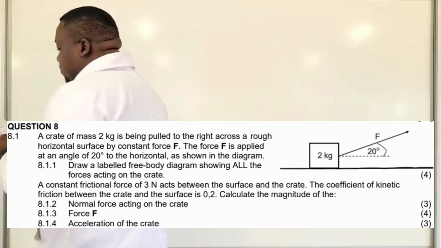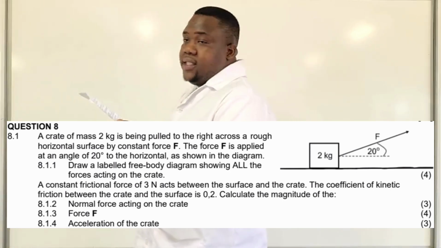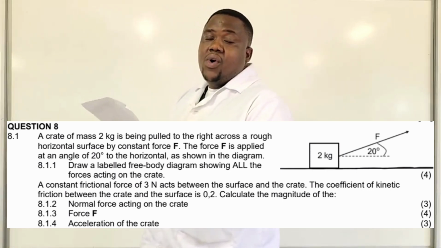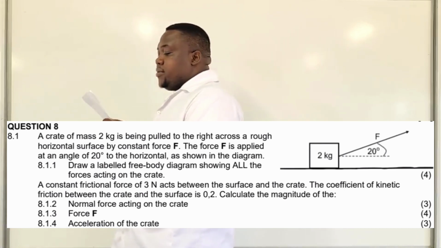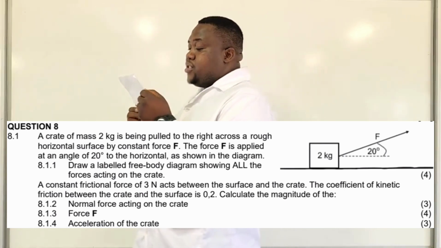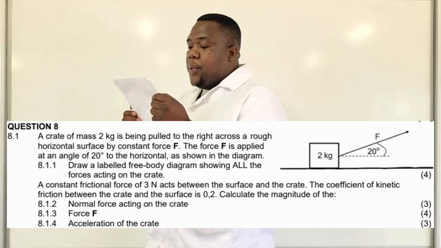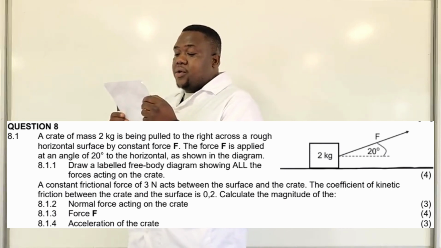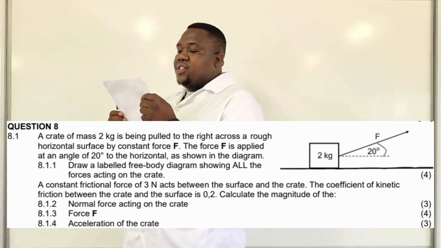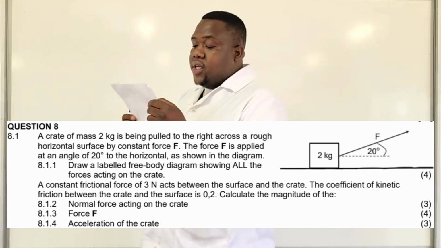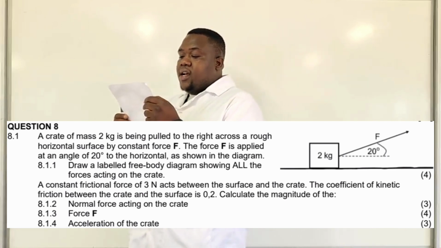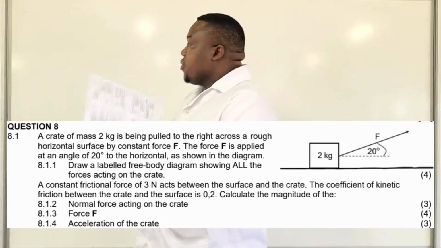Question number 8 is appearing now on your screen. Question number 8 reads as: a crate of mass 2 kg is being pulled to the right across a rough horizontal surface by a constant force F. The force F is applied at an angle of 20 degrees to the horizontal as shown in the diagram.